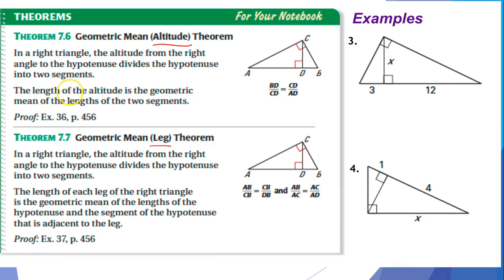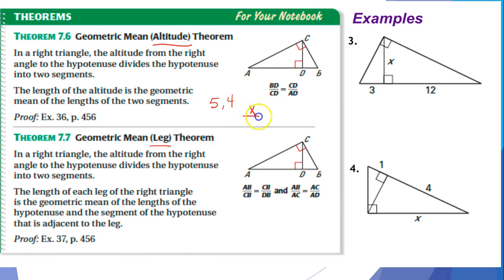So this one says the geometric mean. If you've never studied what geometric mean is, then the geometric mean of two numbers, like 4 and 5. If I want to find the geometric mean of 4 and 5, I'm going to set up this ratio as an equation.